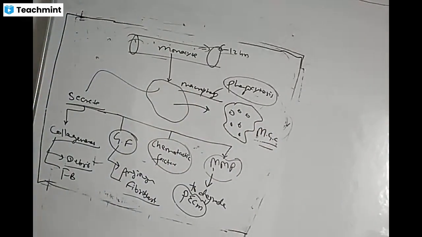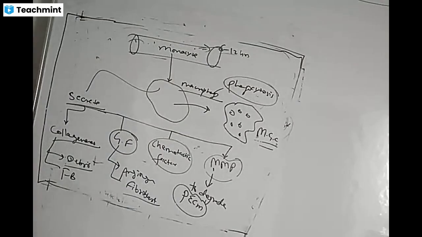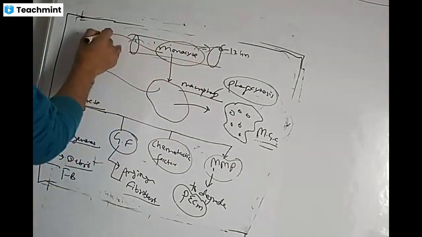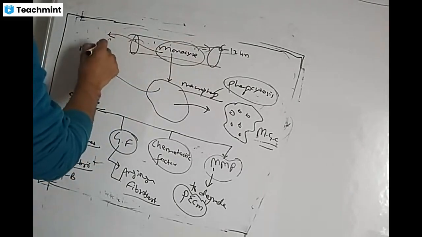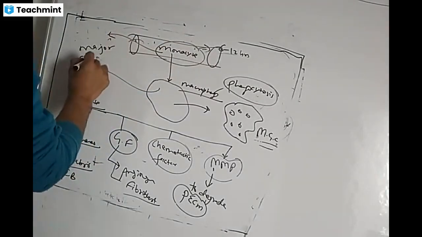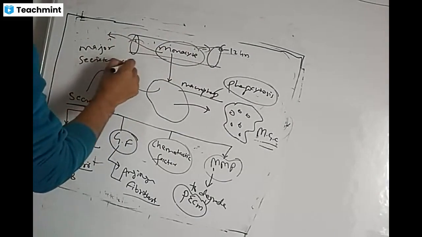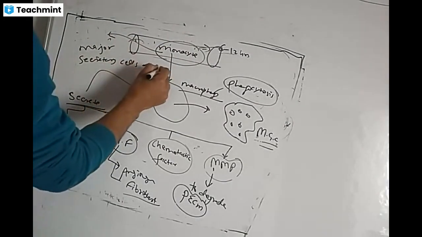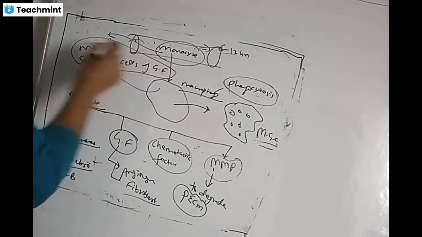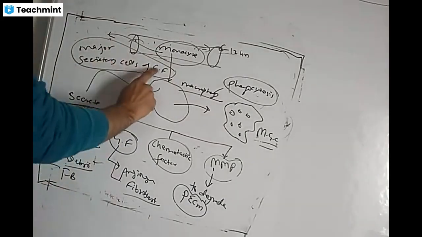Because of all these reasons, they are known as the major secretory cells of growth factor. Monocytes are known as major secretory cells of growth factor.